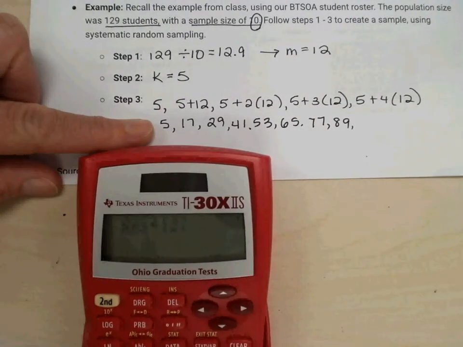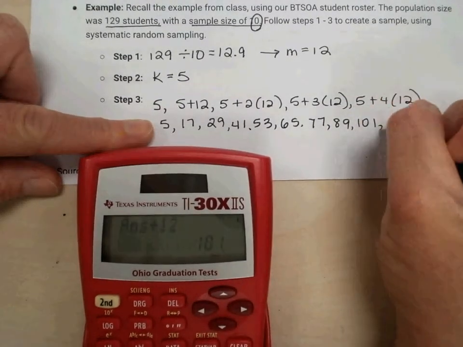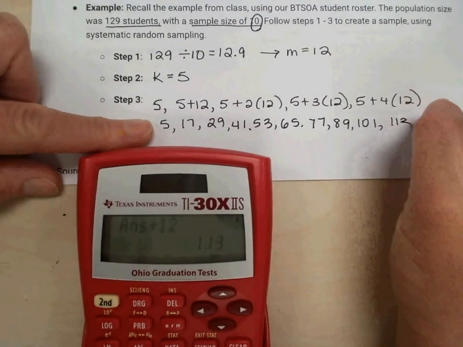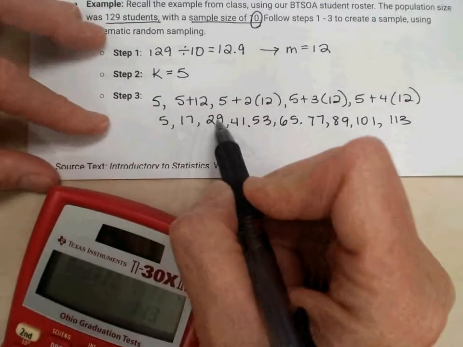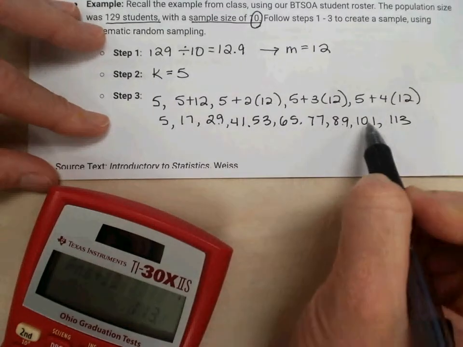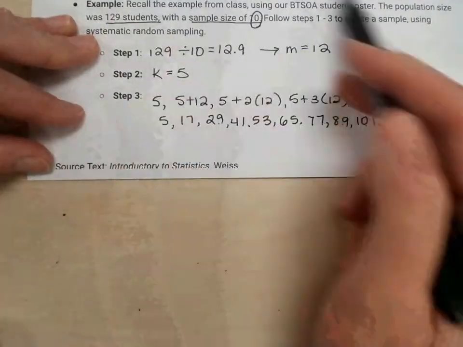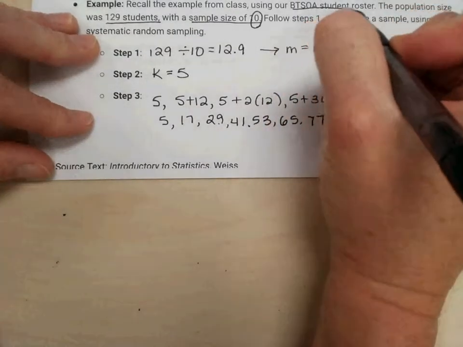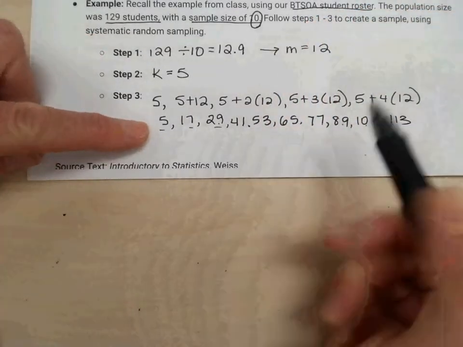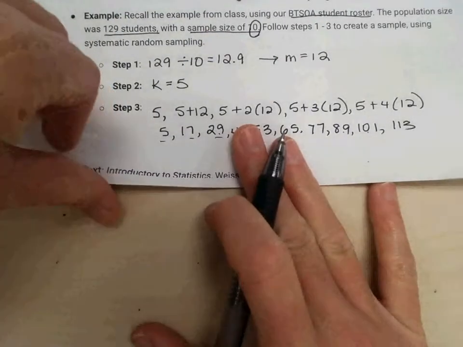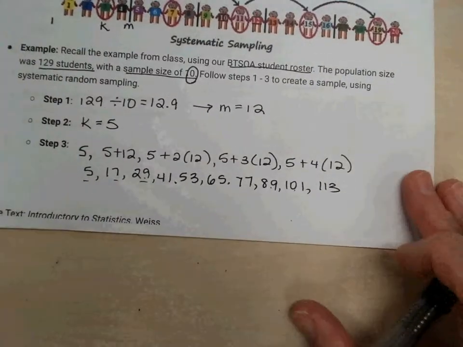Add 12, we're at 101. 113. So you can see we have 1, 2, 3, 4, 5, 6, 7, 8, 9, 10 numbers. That's our sample. So within that BTSOA student roster, these are the students that we would select from that database. So that is systematic sampling.